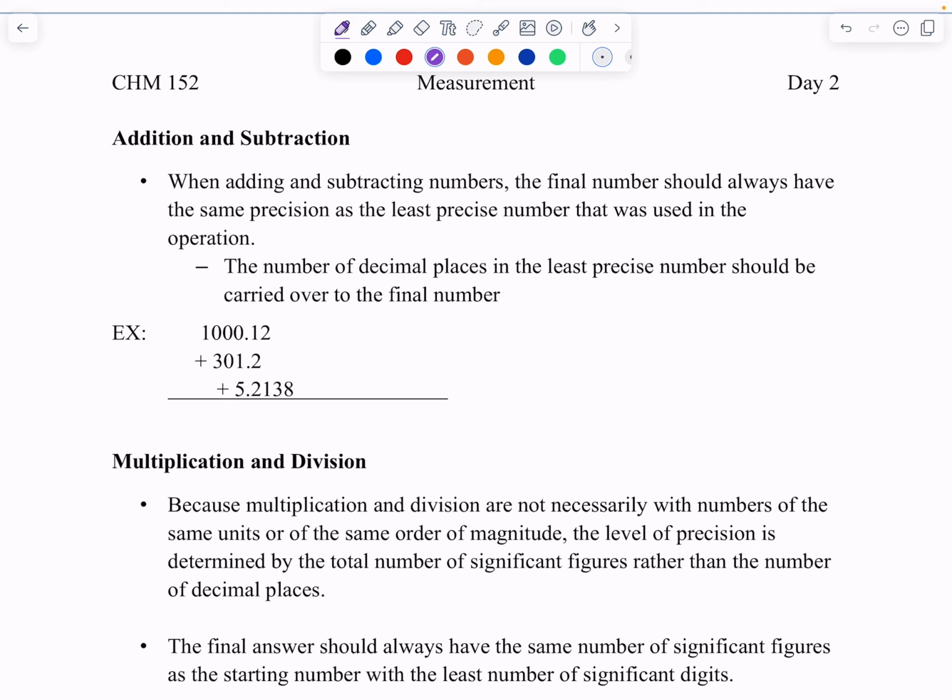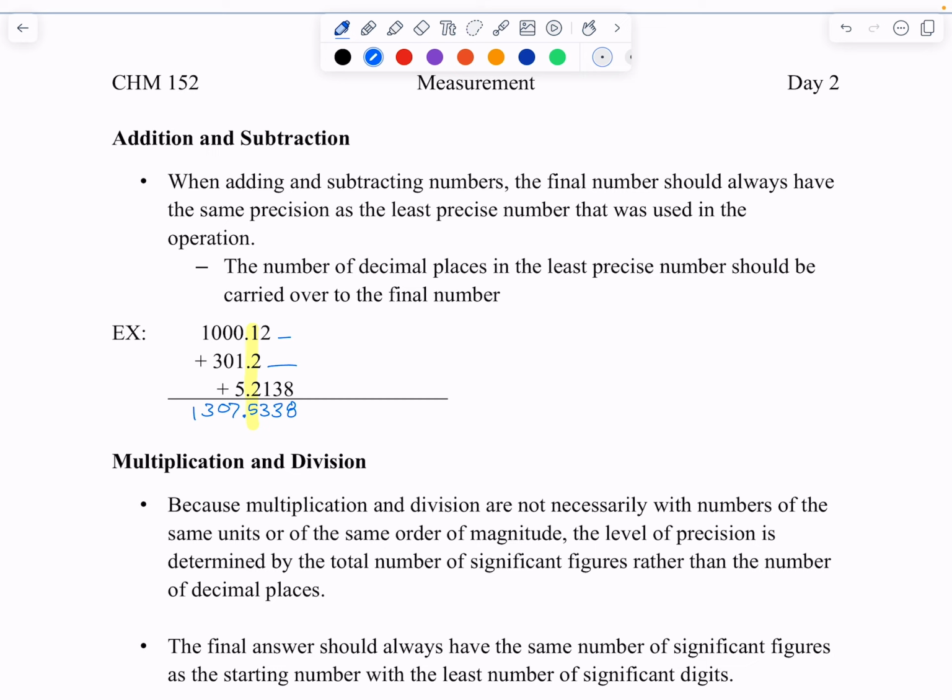And so, how do we deal with that when we add and subtract? We go to the right as far as possible. So if I was going to add this number up, I have 8,335.7031. I go here and I can go to the 10th spot. That's all I can go to. I have no data out there, so I can't add that.